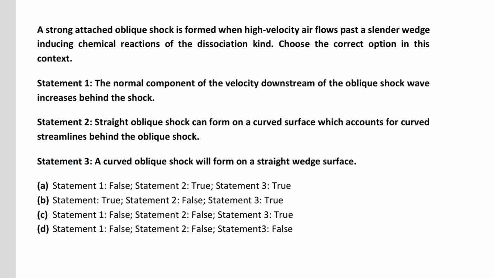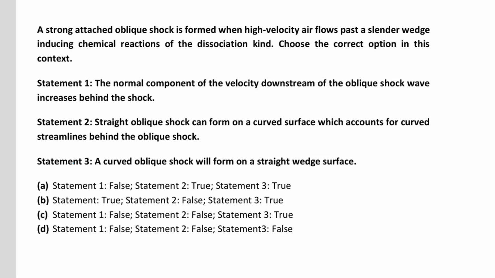Now we will see the next problem. A strong attached oblique shock is formed when high velocity air flows past a slender wedge, inducing chemical reaction of the dissociation kind. Choose the correct option in this context. Statement 1. Normal component of the velocity downstream of the oblique shock wave increases behind the shock.